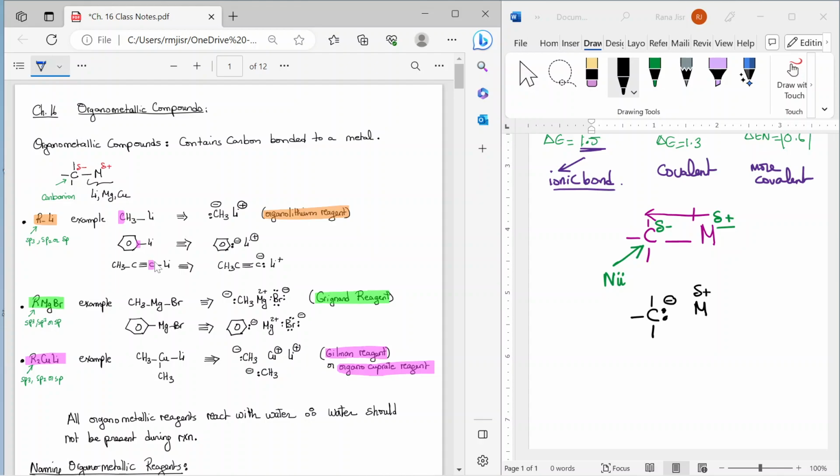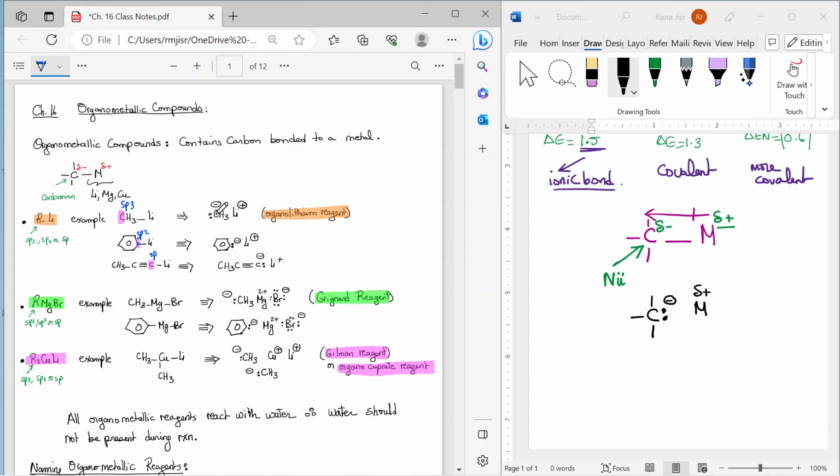So I can have an sp3 versus an sp2 versus an sp hybridization that is connected to the lithium. As we said, the bond over here is ionic, so we normally take the bond out and represent it. This is similar to that. We represent the carbon as being negative, and I prefer this representation.